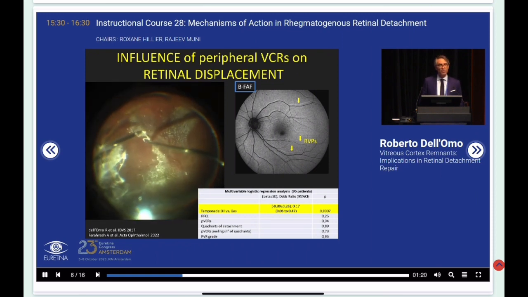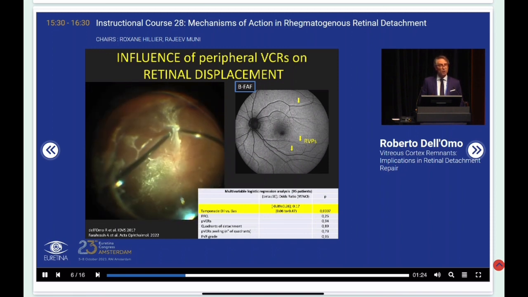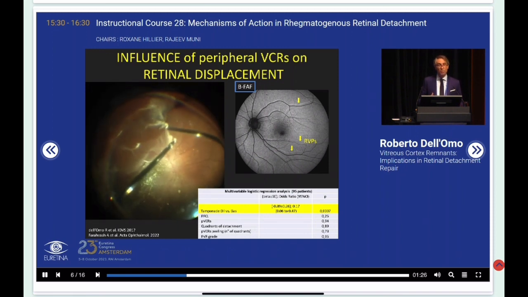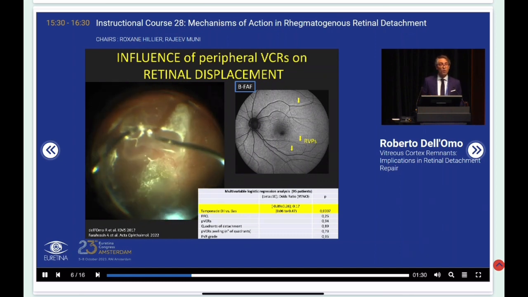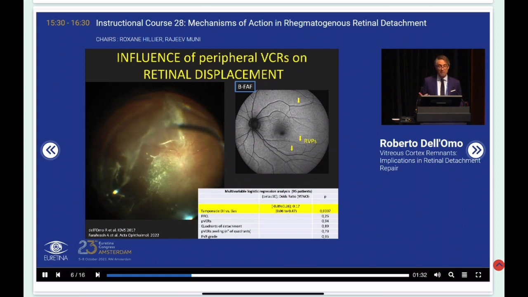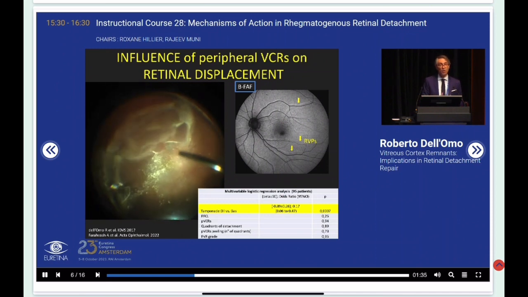Because as you can see from this video, the VCR are very strongly attached to the retina. So making the retina more mobile can signify reducing or promoting the displacement. But actually, putting together a lot of factors, we found that the only one that was significant to induce displacement was the use of gas.